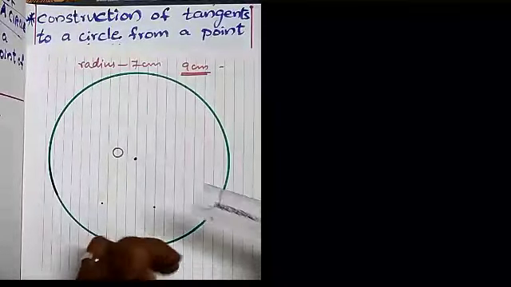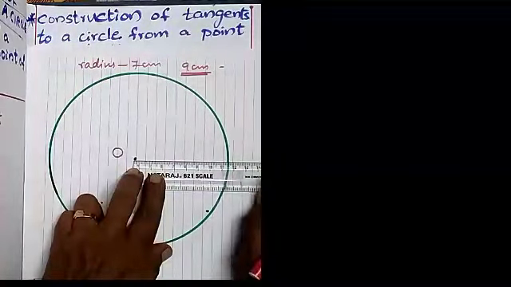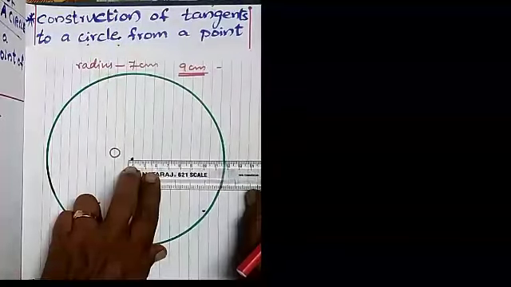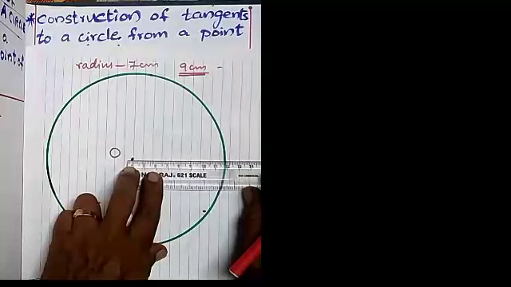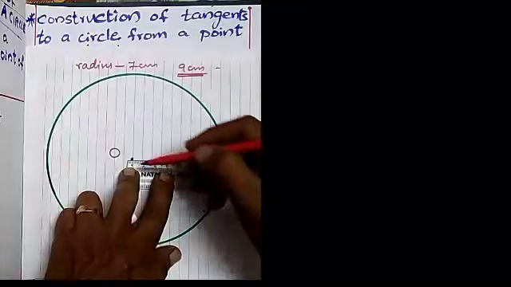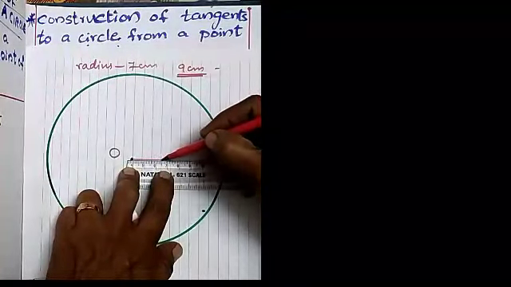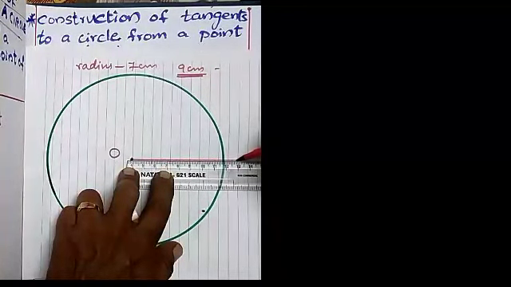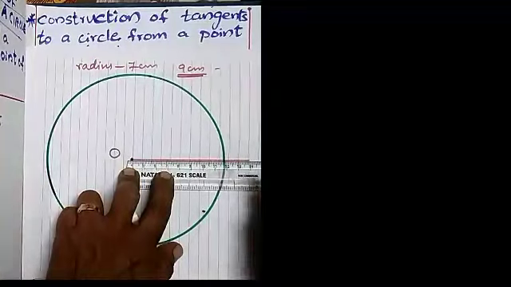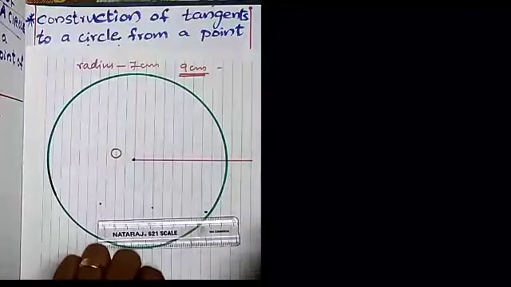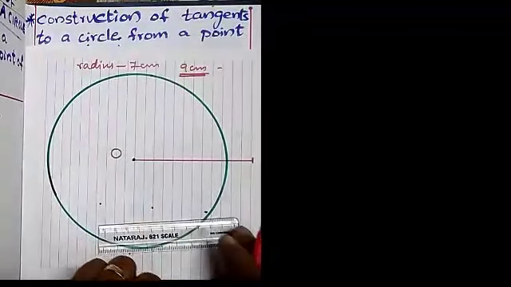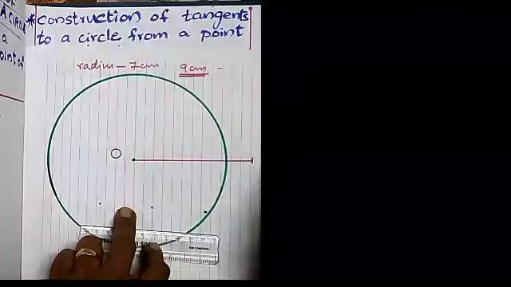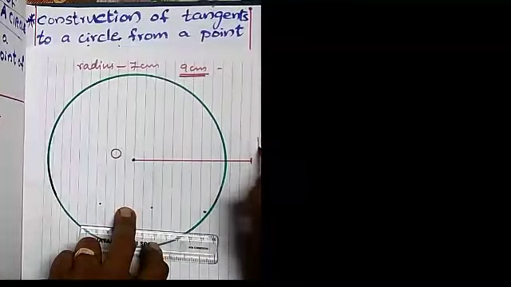From the center, 9 centimeter away. Okay. 9 centimeter away, we are marking a point, the external point you got. Here it is, name the point as P.